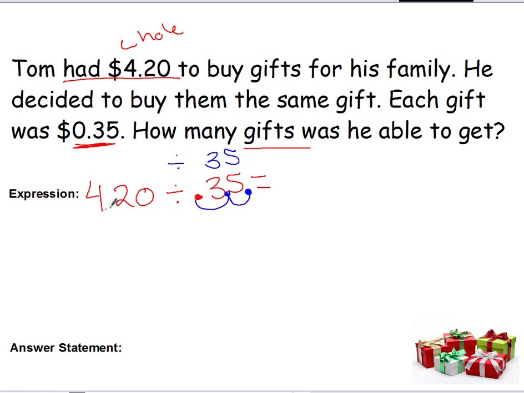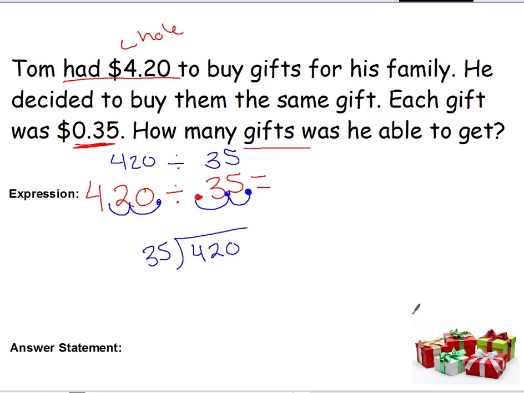I moved it twice in my divisor, so I do the same thing to my dividend. 1, 2. I have 420. Now that I have my new expression, I can simply set up my long division. Dividend goes inside, 420, divisor goes outside, 35. And now I divide as usual.